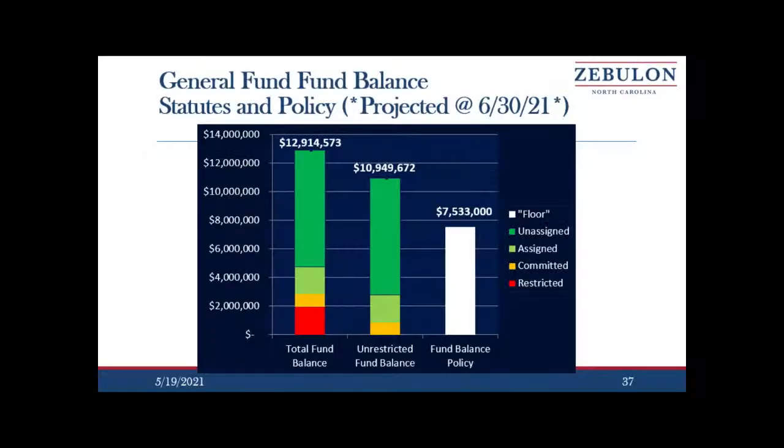So then that would leave us 1.3 million above what we appropriated, still available in unrestricted fund balance. Okay, I follow you.